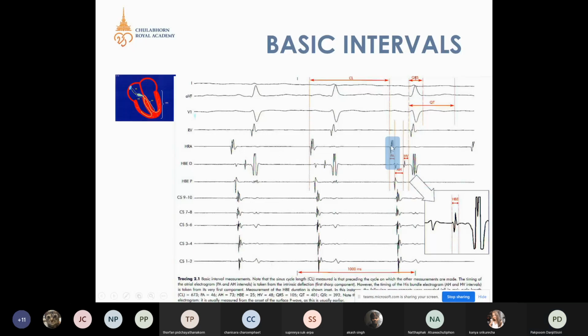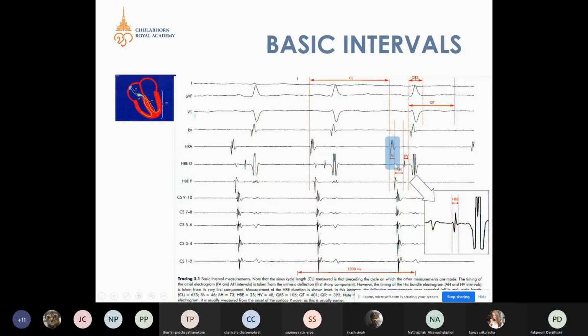and then we measure until the first intrinsic deflection of the A wave, or A signal, in the His bundle electrogram. Start from the onset of the atrial signal from the high right atrium catheter, and then to the peak here. You can see the peak here.